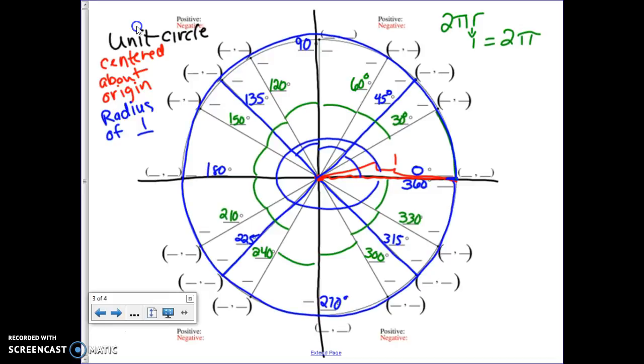Okay, so what we're going to do is break it up. We're going to talk about, well, if I only go 1/4 of the way, how long is that? So let's start with a half. If the whole thing is 2 pi, you would start here with 0, just like before, and this would be 2 pi because you went the whole way around. Now, if I go halfway, half of 2 pi, so 2 pi divided by 2, would just be pi. So 180 degrees is equal to pi in radians.